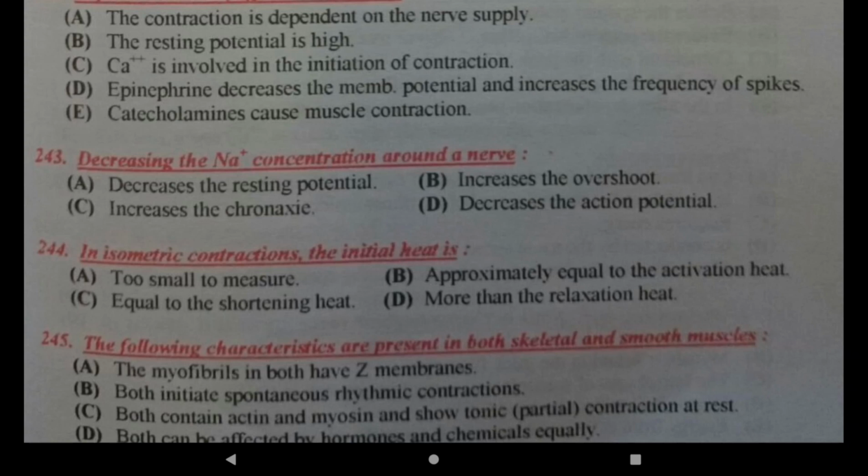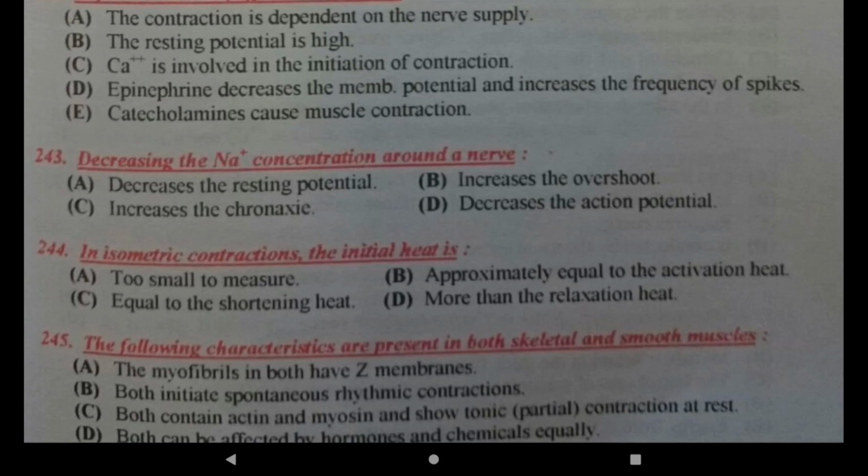So when you have less sodium to get inside, that will reduce the action potential. The others are not correct. Increase in overshoot is not correct. Overshoot will have to decrease because sodium moves by diffusion through the voltage gated ion channel. If the ECF has less sodium, less will go into the ICF, and that will lower the action potential.